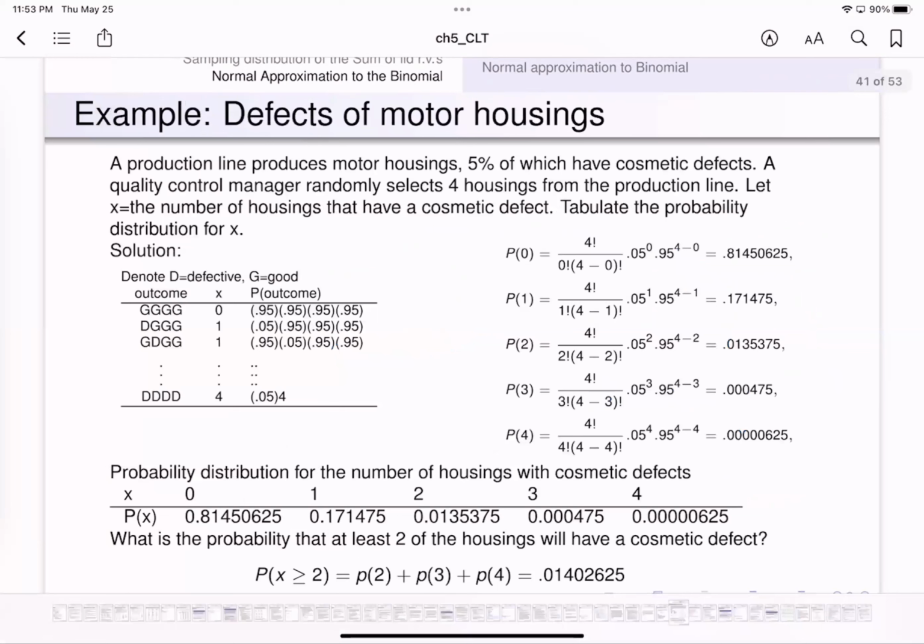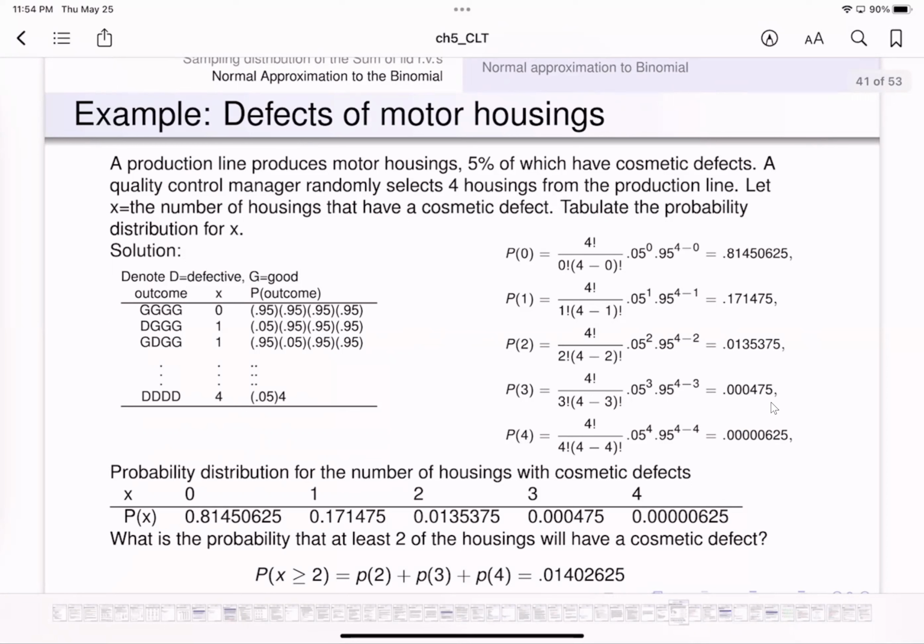Here's an example just to illustrate the calculation for the binomial random variable. Suppose we are considering a production line, and we're looking at motor housings. 5% of those have cosmetic defects, and the quality control manager randomly selects 4 housings from the production line, and out of the 4, we want to see how many of them have cosmetic defects.